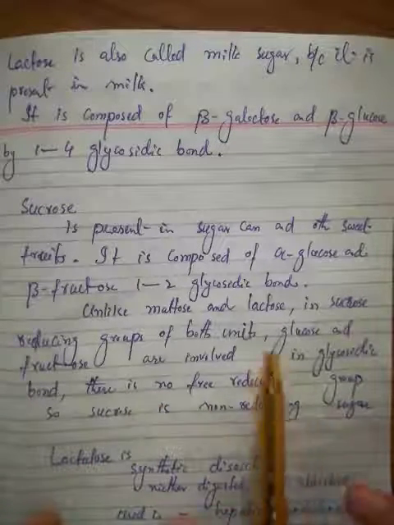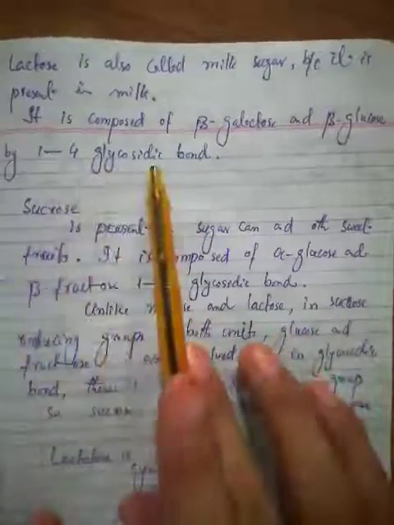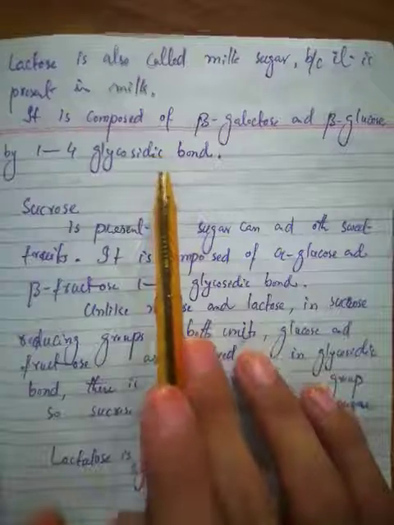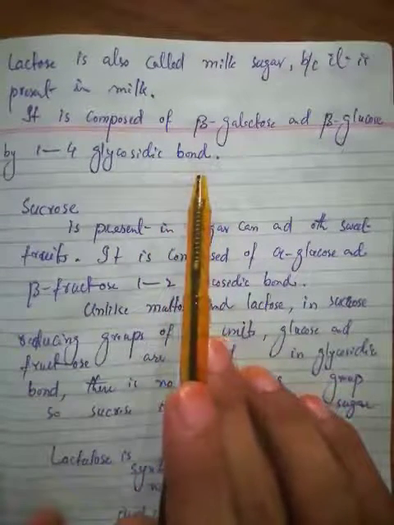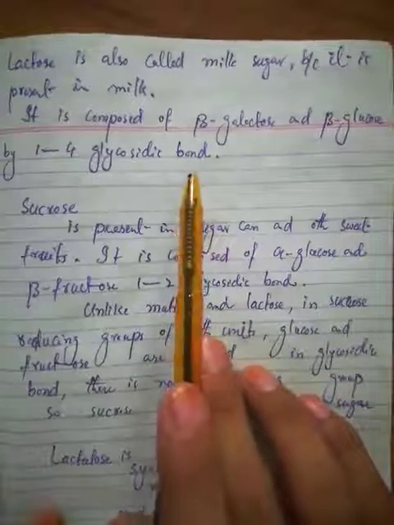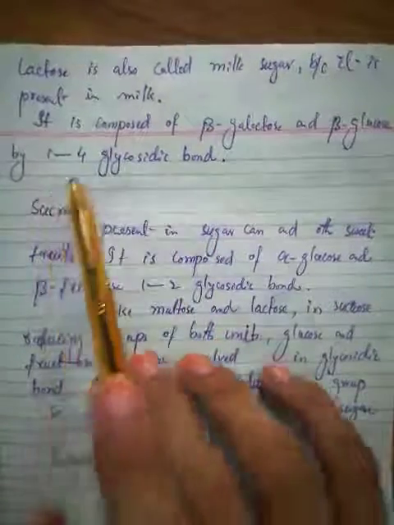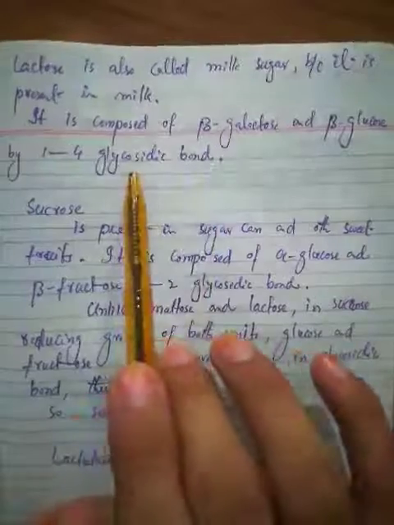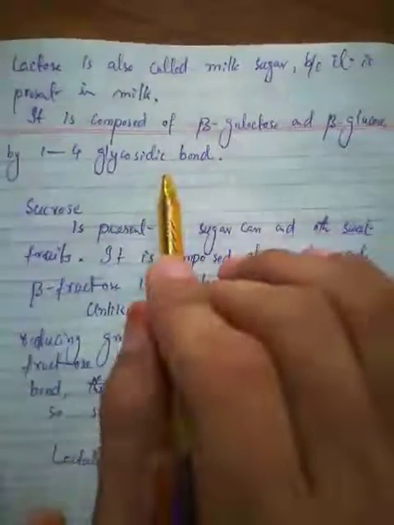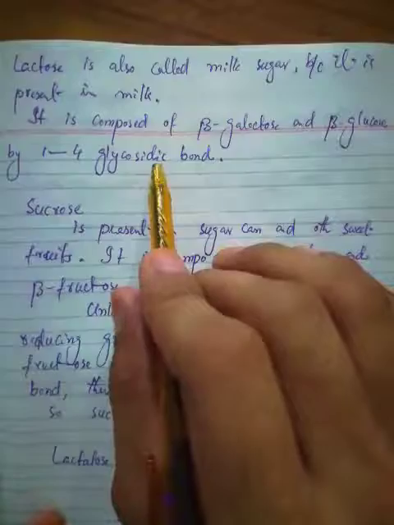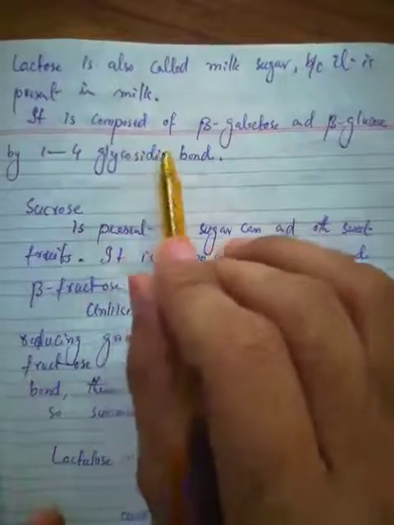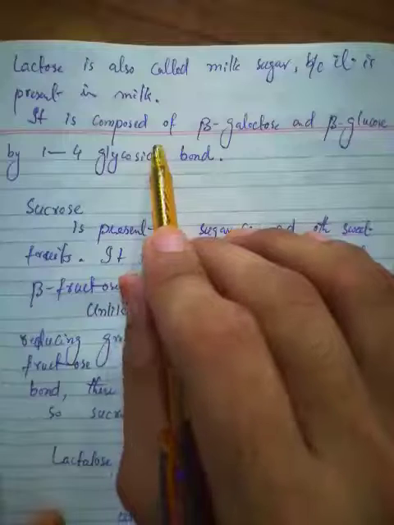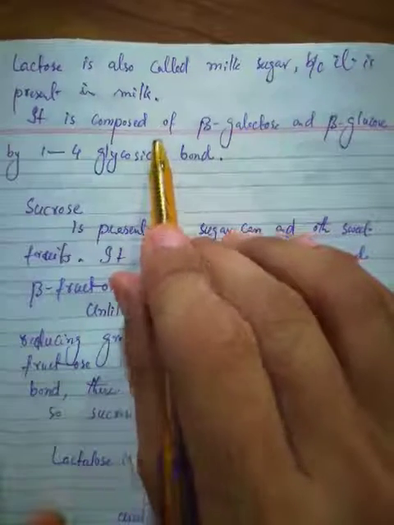In maltose and lactose, these both are reducing disaccharides because they contain a free reducing group. Because in maltose and lactose, both reducing groups of their monosaccharides are not involved in glycosidic bond.